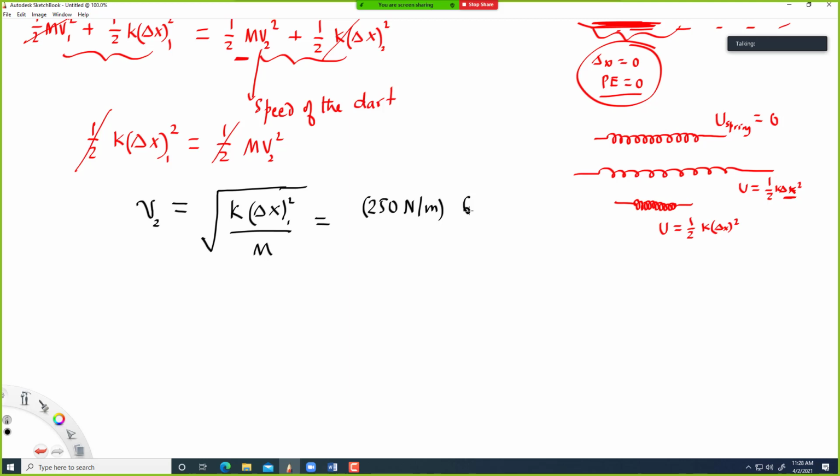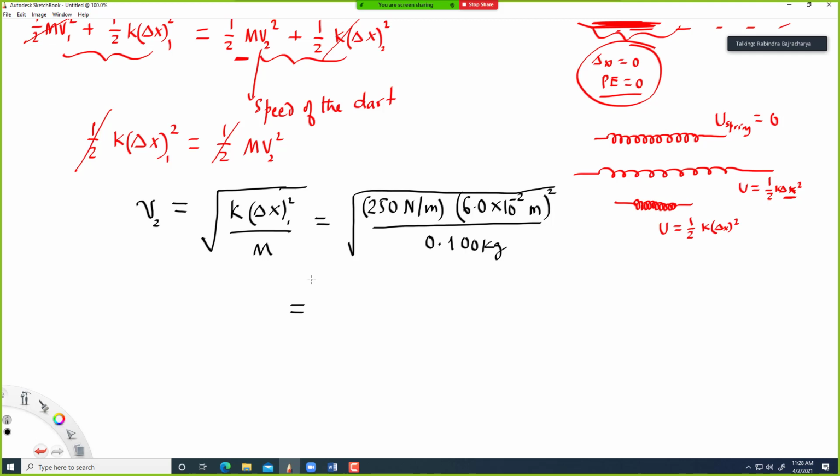6 centimeters. So, we need to change that to meters. So, that is times 10 to the minus 2 in meters. And then do not forget this squared. Okay, so we have squared for delta x. And the mass of the dart is 0.100 kilogram. So, you do the calculation.